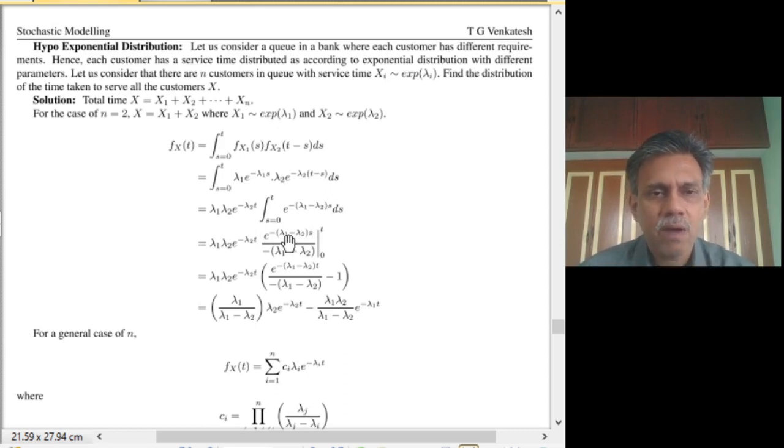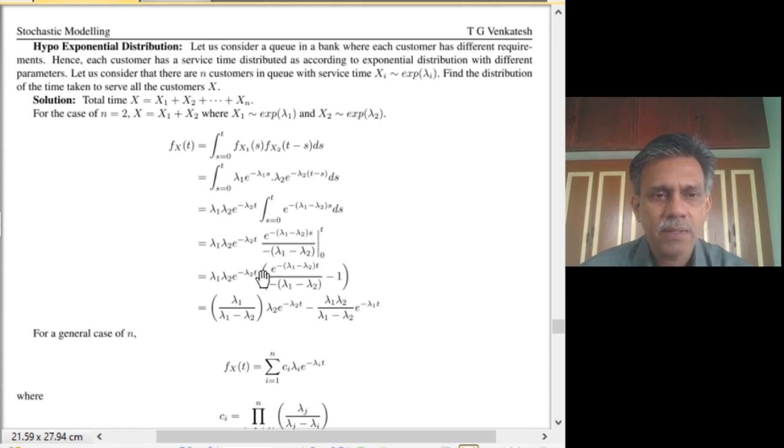That on integration will give you e power of minus lambda 1 minus lambda 2 into s divided by minus of lambda 1 minus lambda 2, evaluated between 0 to t. So substitute t and subtract from it the value on substituting 0, which will give you just 1. So this is what you would get.